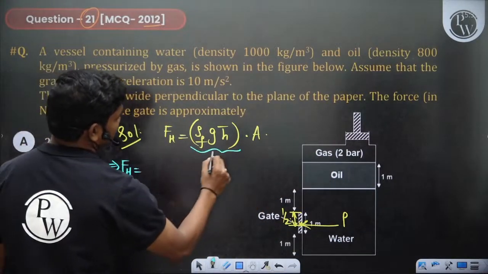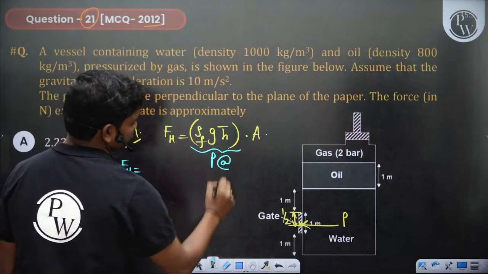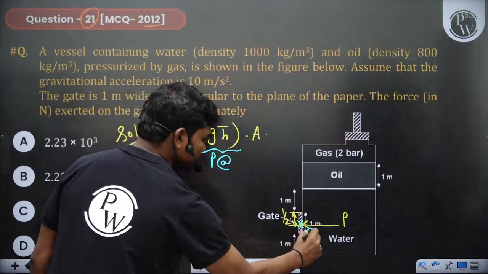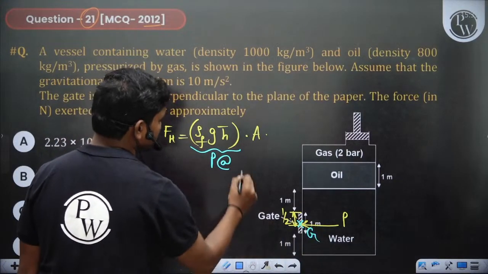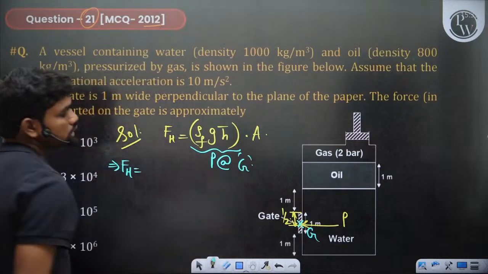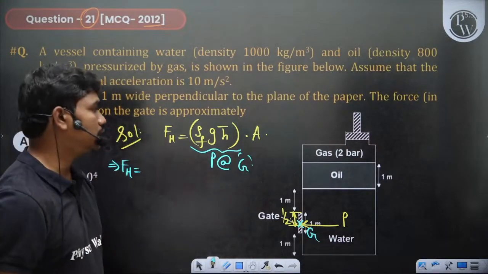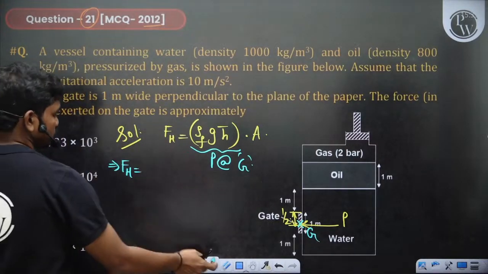Let's call this point G. So pressure at G, the midpoint of the gate, is going to be how much? 2 bar.